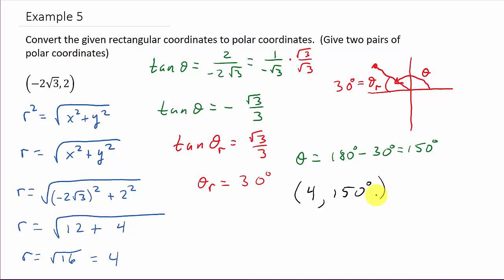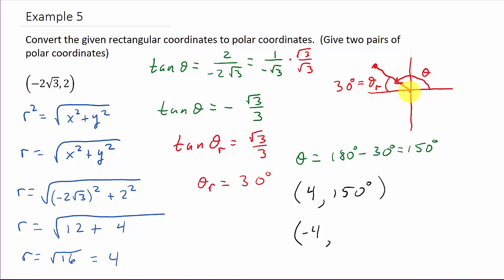Okay. So let's do this. Instead of having r be positive, let's do r as negative. So, well, let's just look at this point real quick. So 150 degrees means I would go out 4 units in the positive direction and then rotate 150 degrees to get to this point here. Well, with this one, I would go -4.